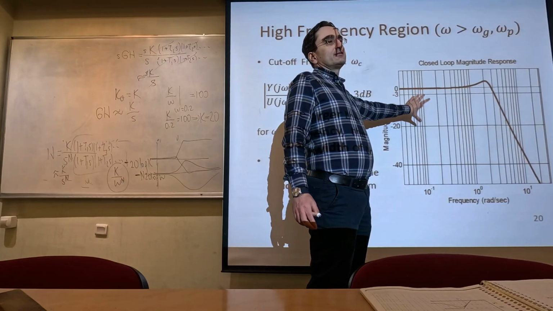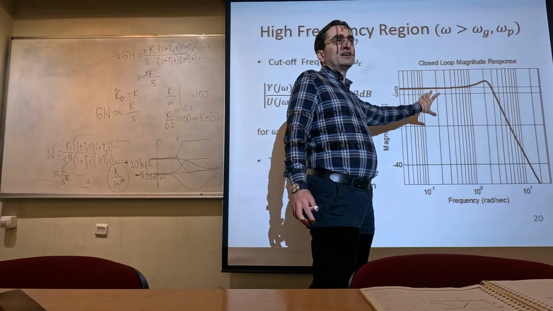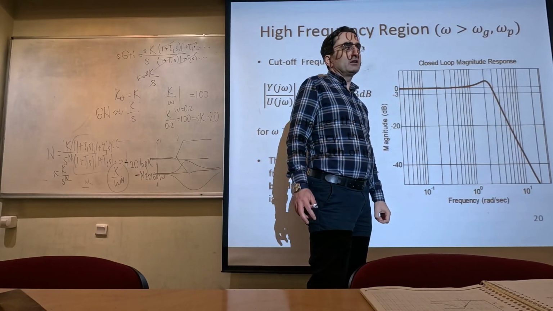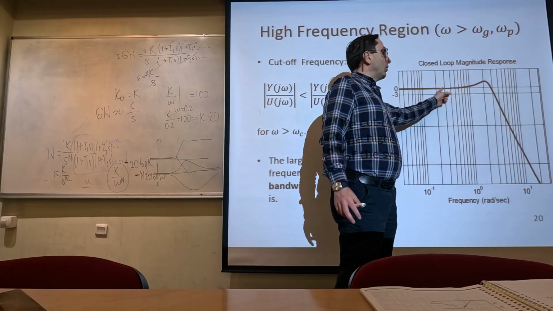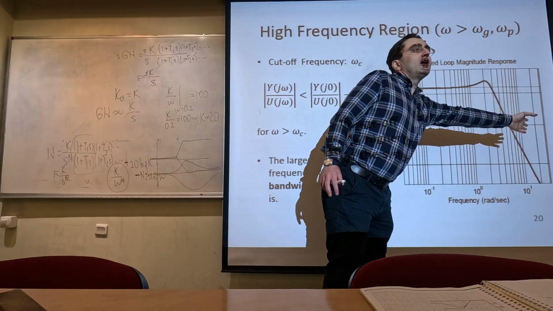But here is an example of the closed loop system magnitude plot after some controller design, and we see that it is looking like a low pass filter. It passes everything of interest until a frequency, and it doesn't pass high frequencies.